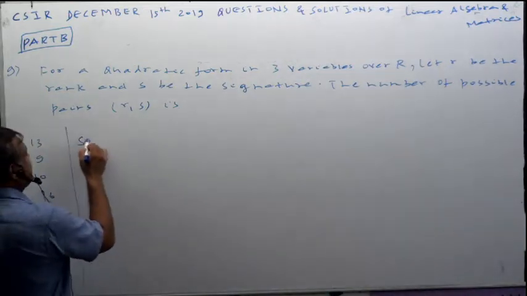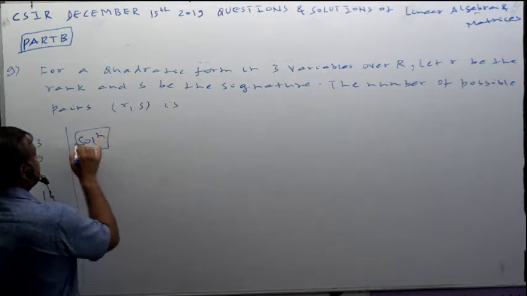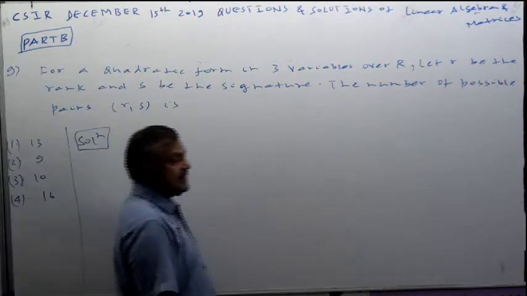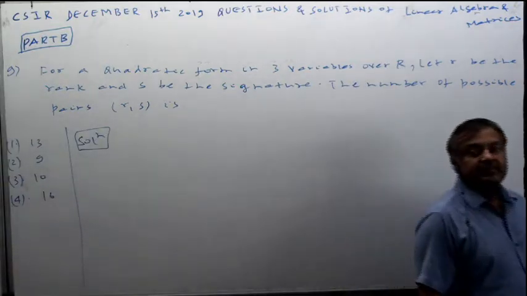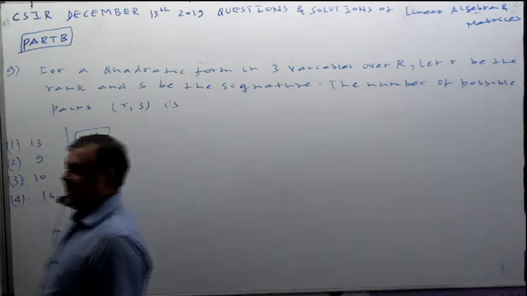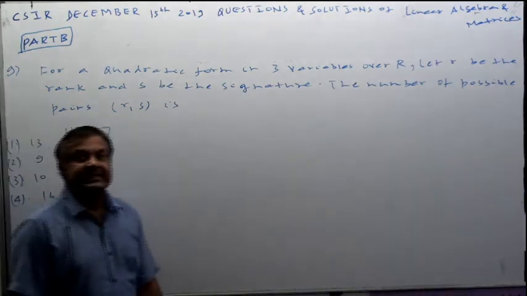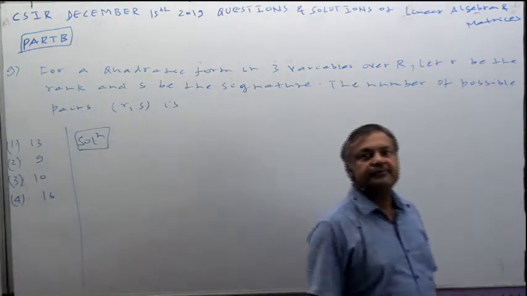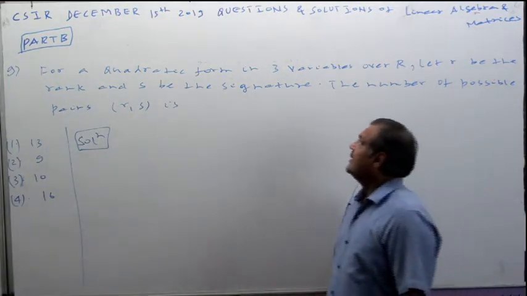Three variables are there. So rank and signature, they are dependent on the number of positive coefficients and the number of negative coefficients in the normal form of any quadratic form. Are you happy?